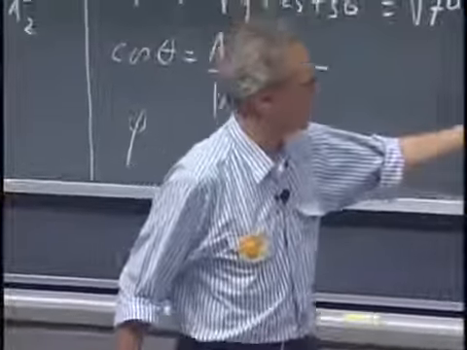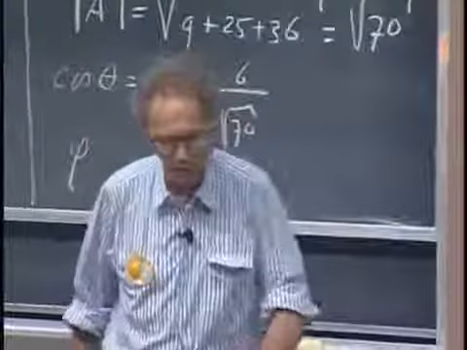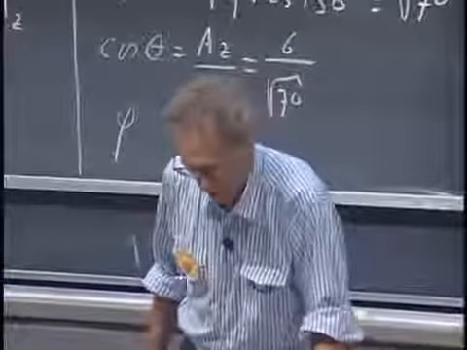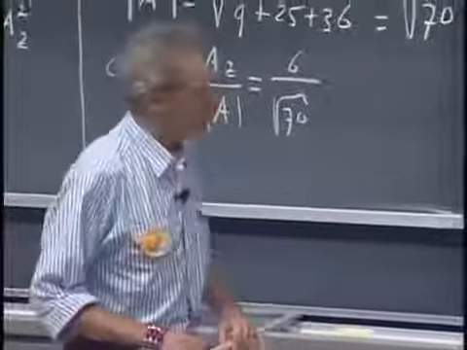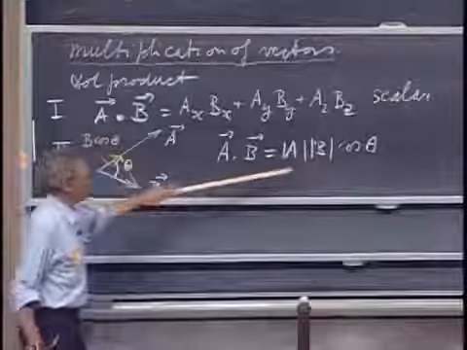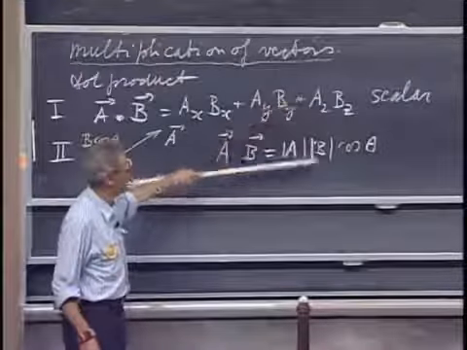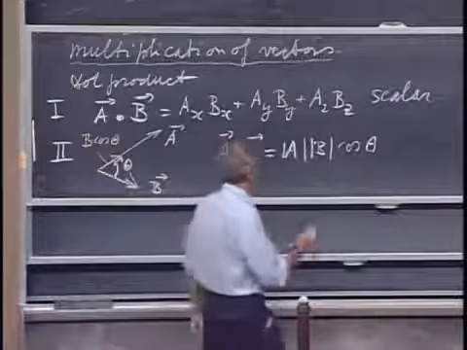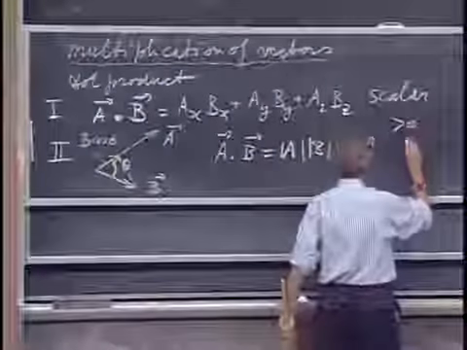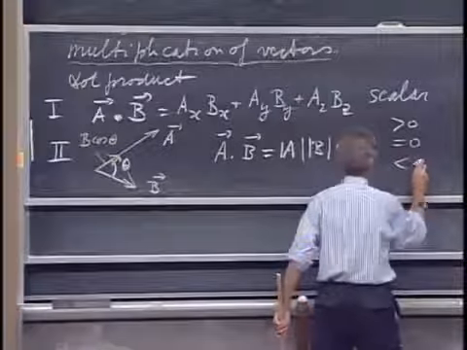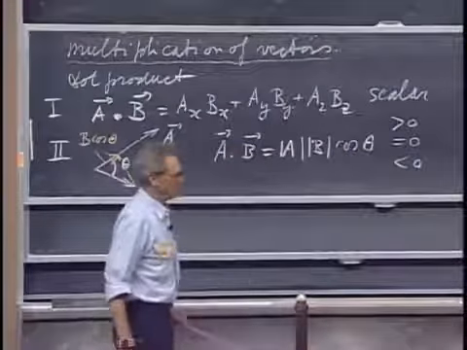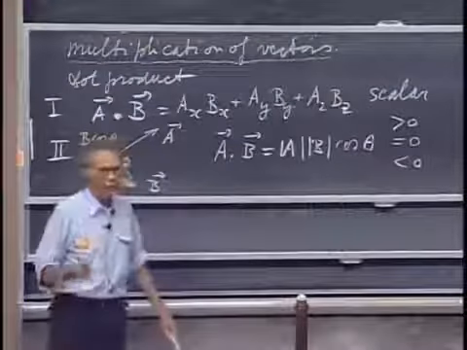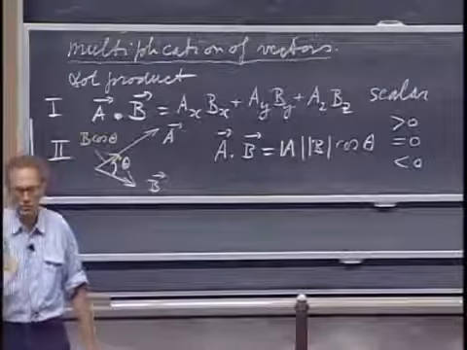Sometimes this is faster, depending upon how the problem is presented to you. Sometimes the other is faster. You can immediately see by looking at this, it's easier to see than looking here, that the dot product can be larger than 0, it can be equal to 0, and it can be smaller than 0. A and B are, by definition, always positive. They are the magnitude.